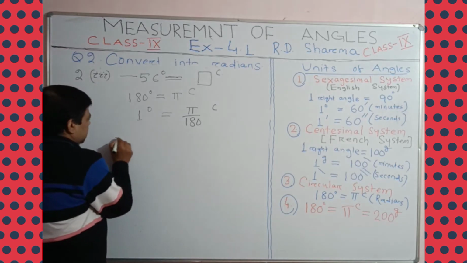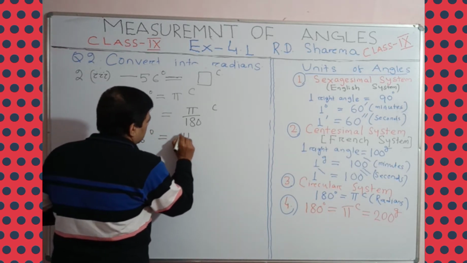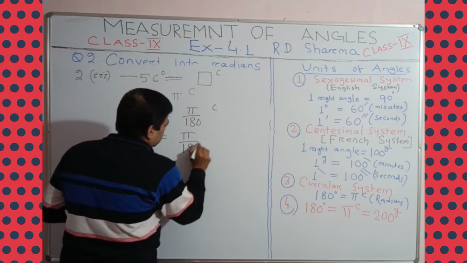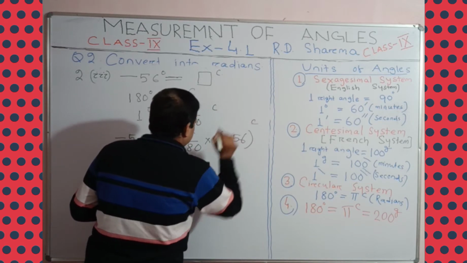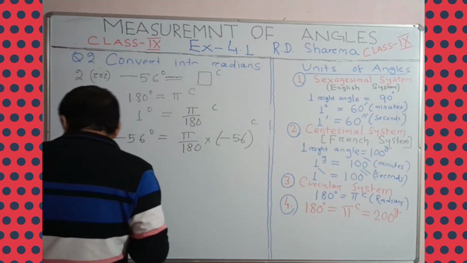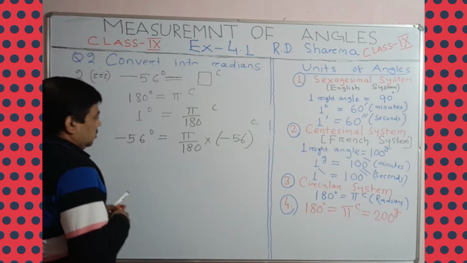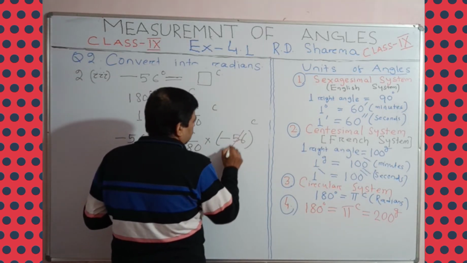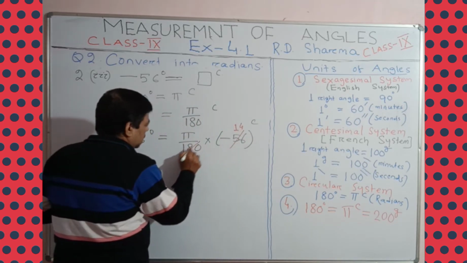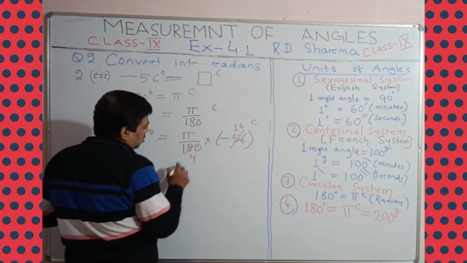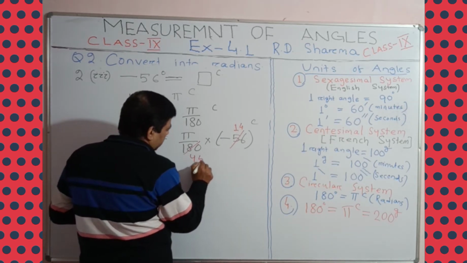So minus 56 degree, pi upon 180 into minus 56 radian. Then you can cancel here. You can cancel 56. Can you cancel 4? 4 1s are 4, 4 4s are 16. So 18 minus 16 is 2, 20, 4 5s are 20.